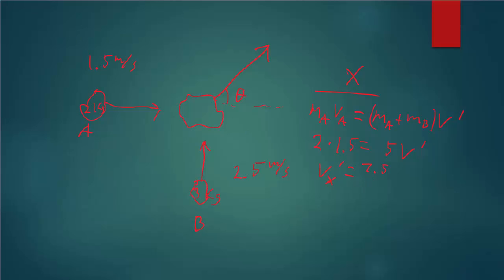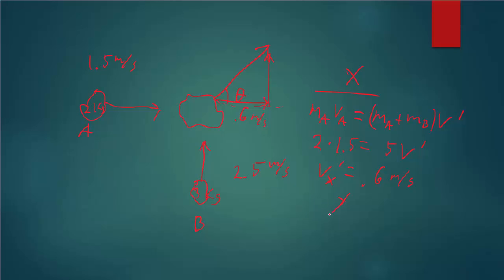Looked at the wrong place on the page, sorry. It's going to be 3, obviously, over 5. And 3 over 5 is 0.6 meters per second. So if I look at this diagram here, I've got two components to this motion. And I just found this side over here is 0.6 meters per second.